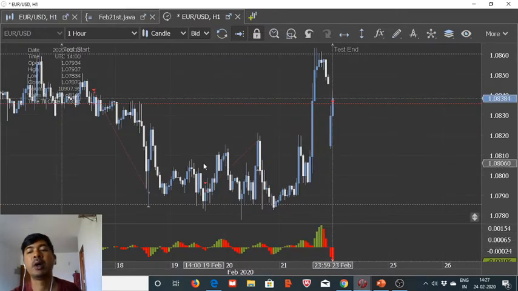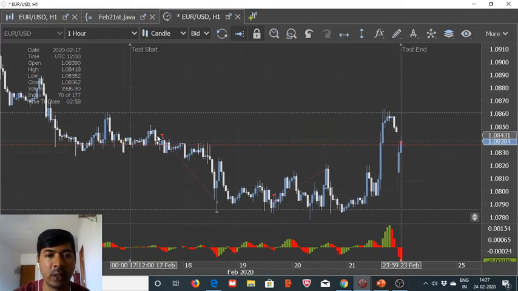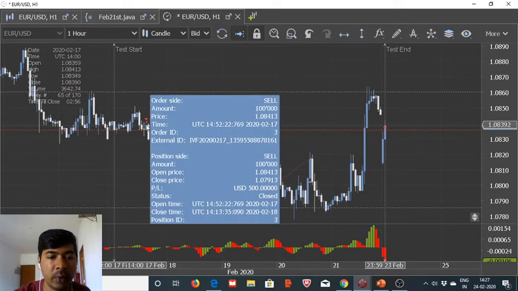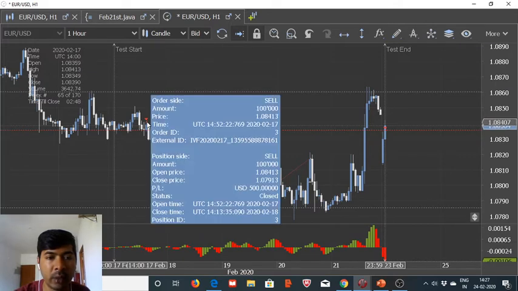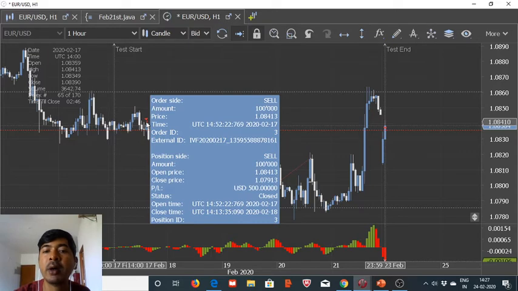So here we are. Here you can see that when this trade got executed here, the short sell, the trend has turned from bullish to bearish, and this trade is getting executed on the time after 14 GMT, on the 17th of February in the hour of 14 GMT.